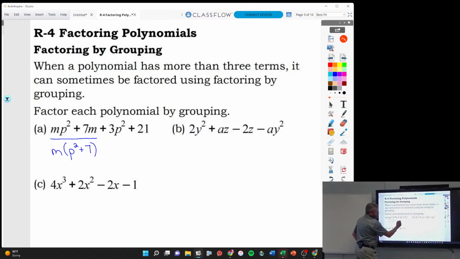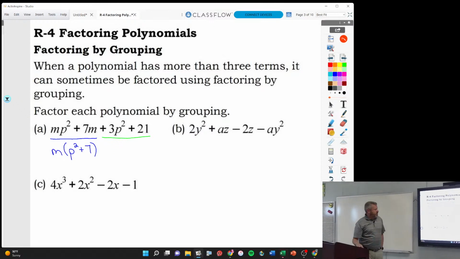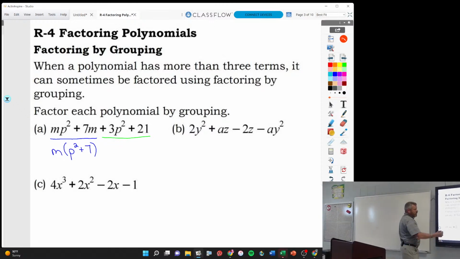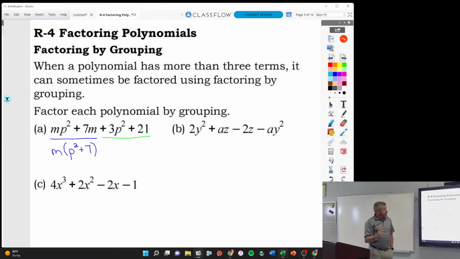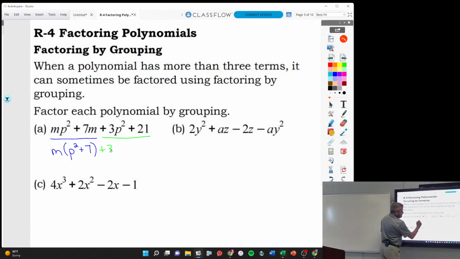The second pair is a positive 3p squared plus 21. What do those two have in common? They both have a number, 3 and 21, and 3 and 21 can both be divided by 3, so I can factor out a positive 3.